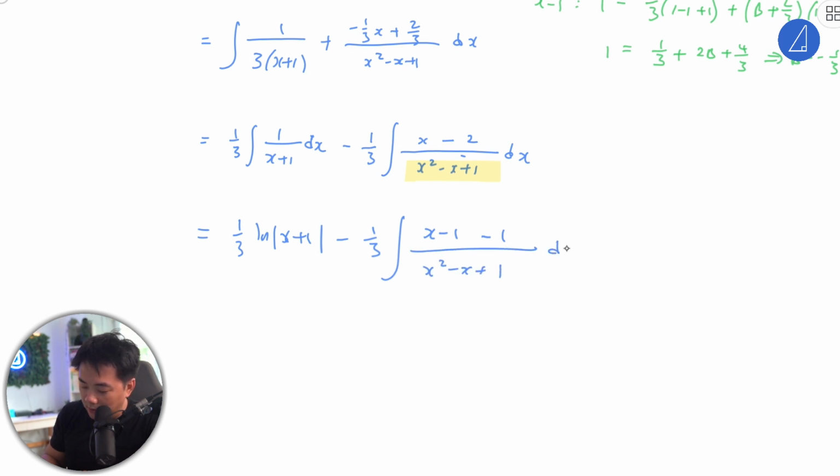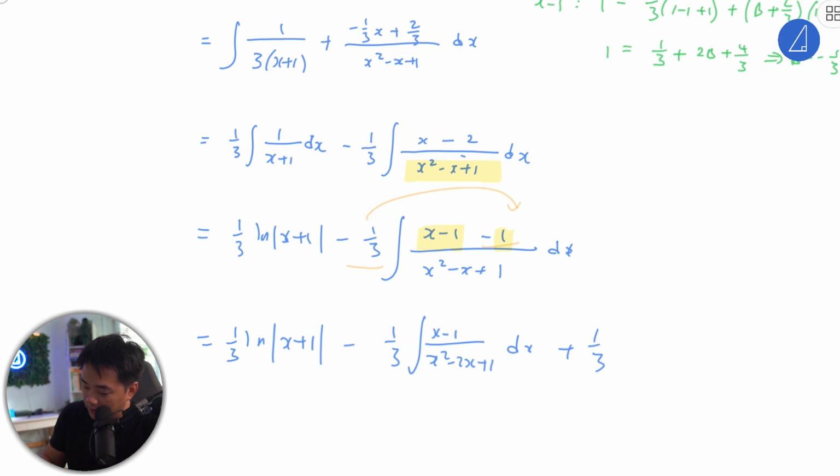This will be the fastest way to do that. Then this guy could be split again: 1/3 ln of x plus 1 minus 1/3 times x minus 1 over x squared minus 2x plus 1. Remember, be careful, when you multiply in, it will be positive. I think a lot of students would make a careless mistake here.